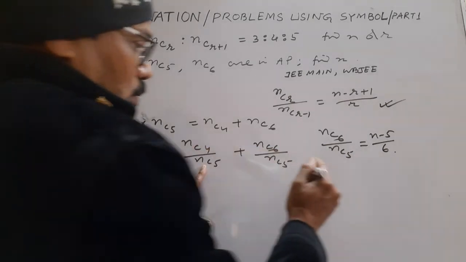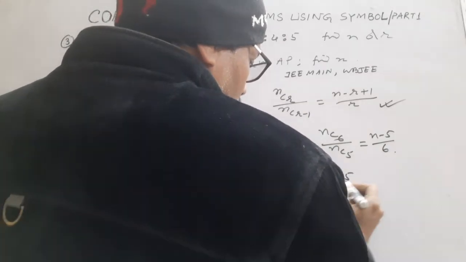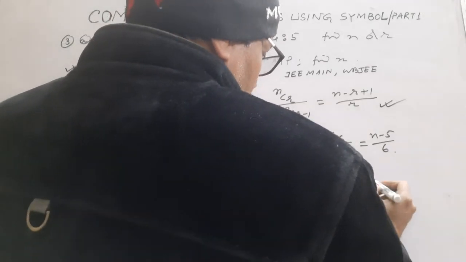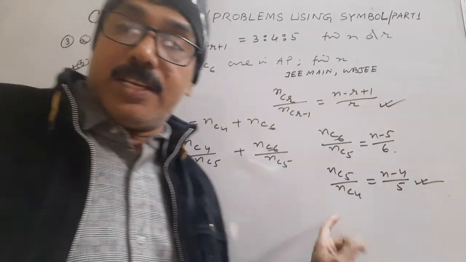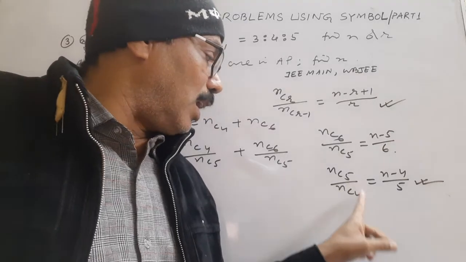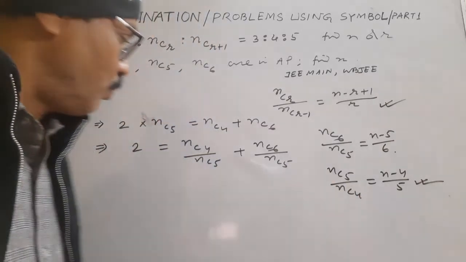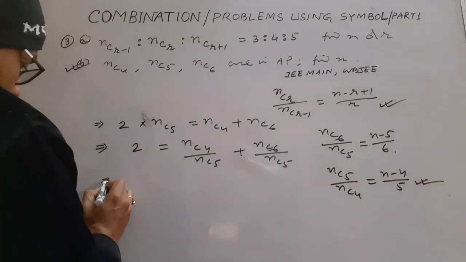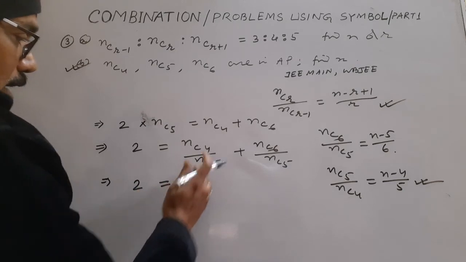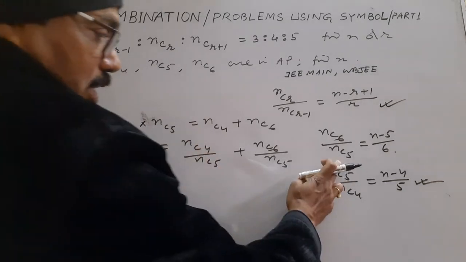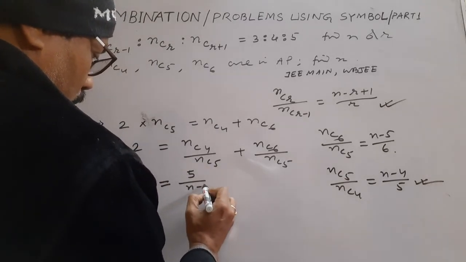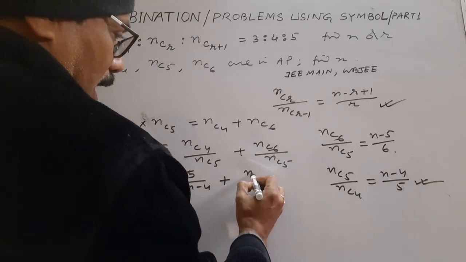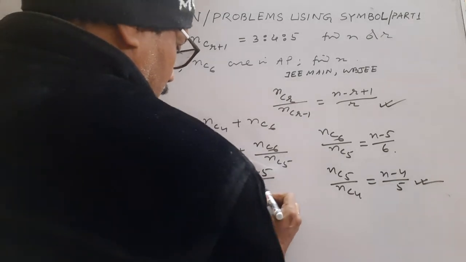We know the formula of NC5 by NC4: n minus 4 by 5. This is the formula, NCR by NCR minus 1, 1 less in suffix. So 2 equals NC4 by NC5, which is the reciprocal of this. So 5 by n minus 4, and this is n minus 5 by 6.